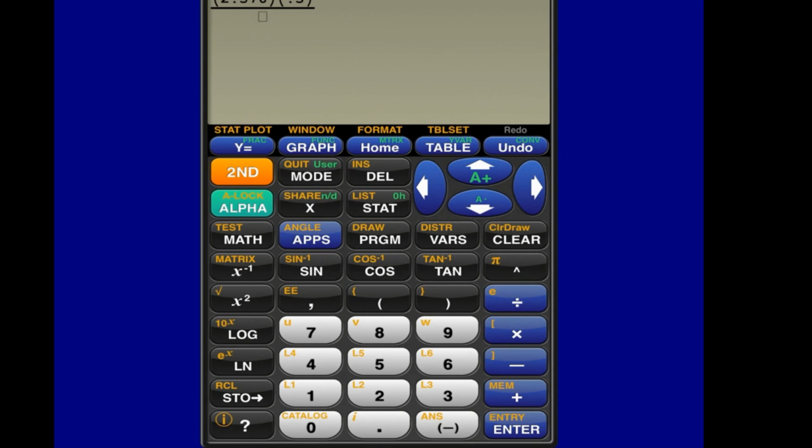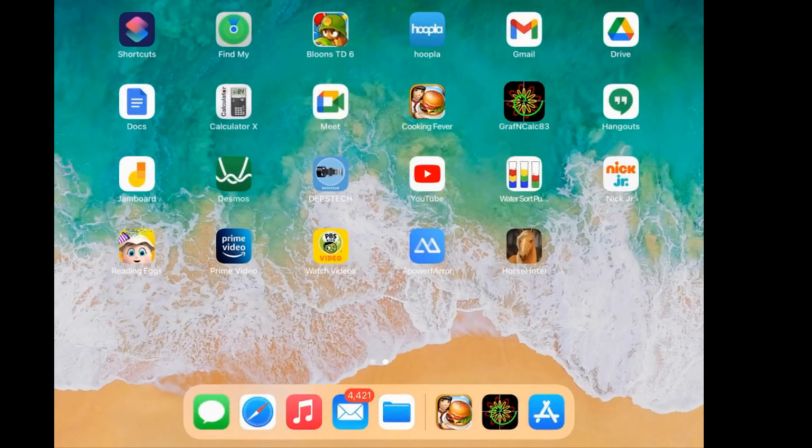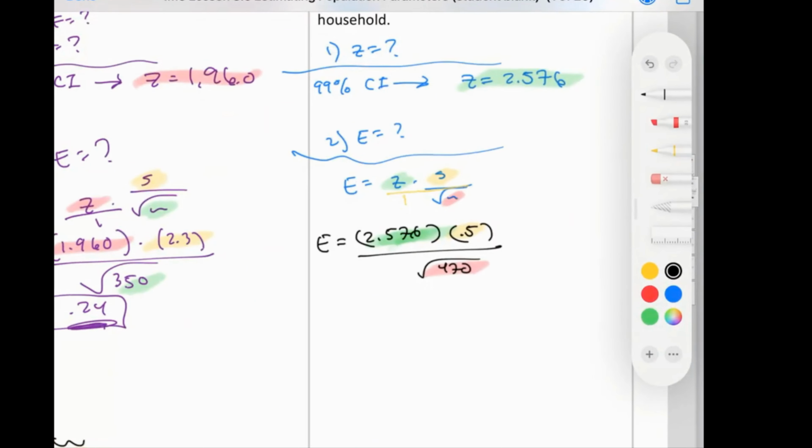So that would be second x squared, and then that would be 470. Now it has a red on the screen, so just click out to the right, and you press right again. So I'm out there, and just press enter, and I get 0.06.